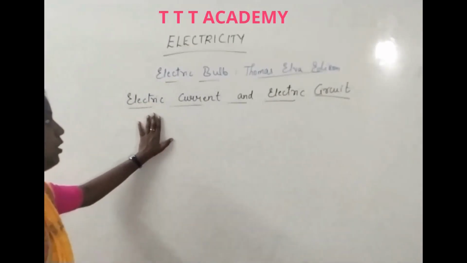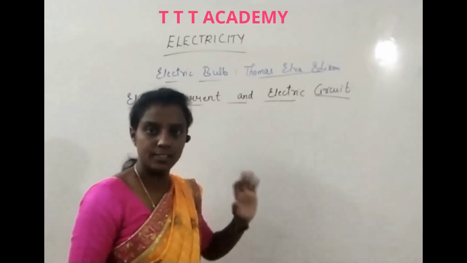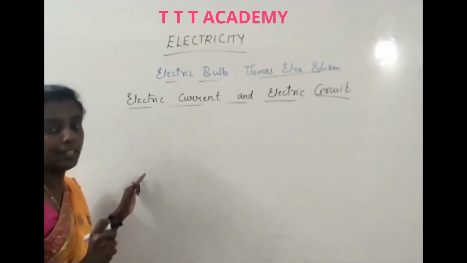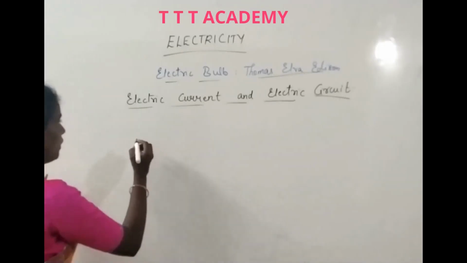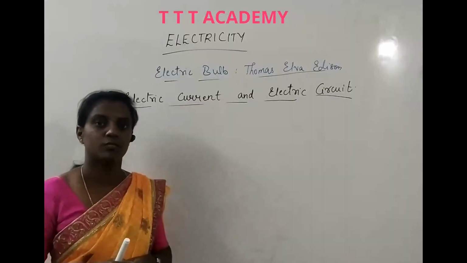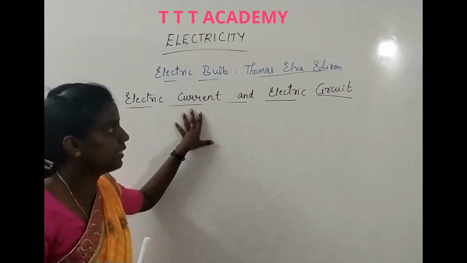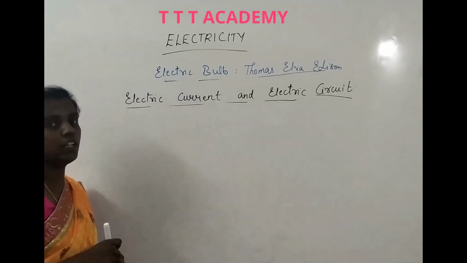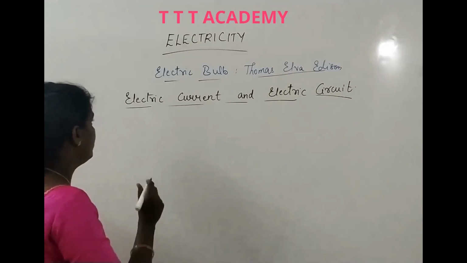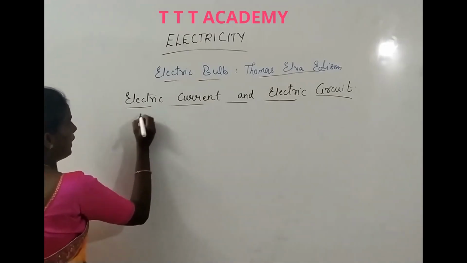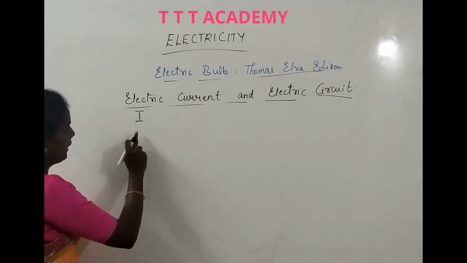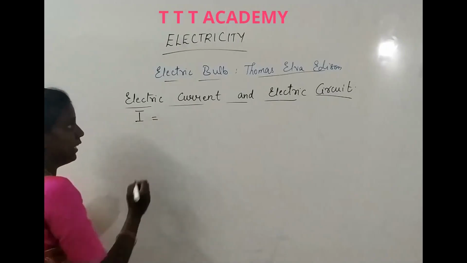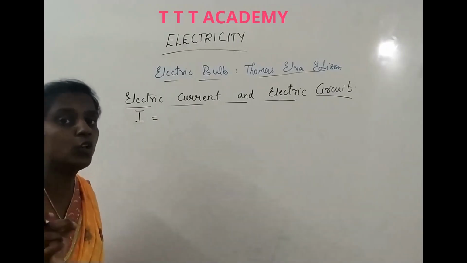We studied what is electric current and electric circuit. Now we are going to derive a formula for electric current. We are going to represent electric current by I. I is the representation of electric current, and you already know the definition: rate of flow of charges.